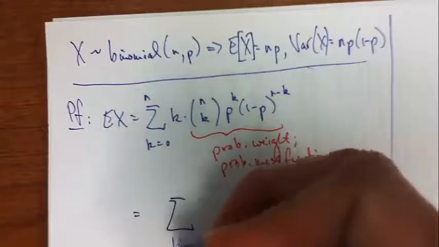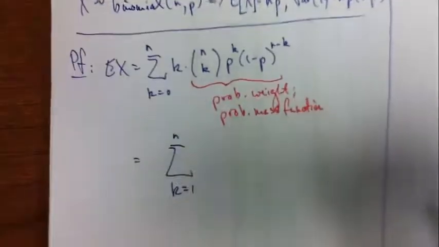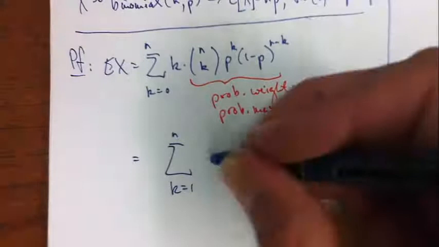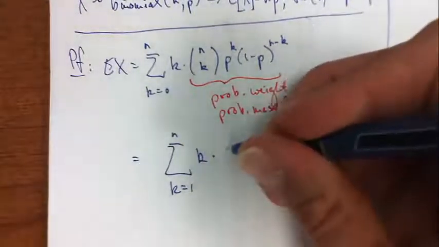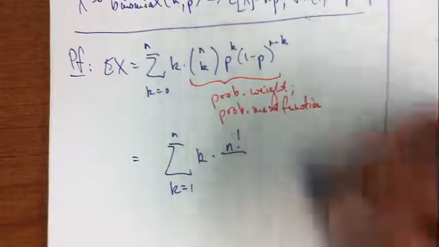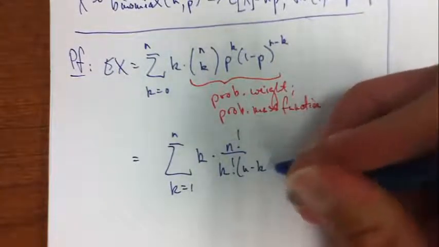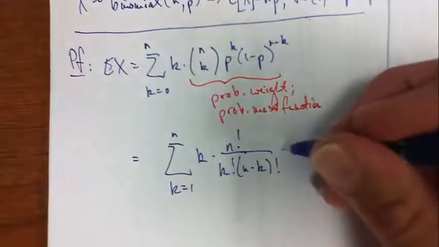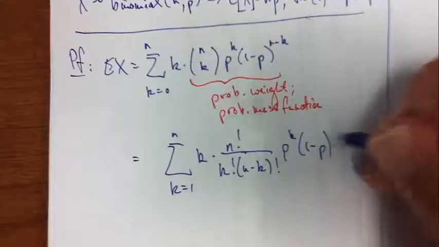I could start with 1 and go to n. And I'll say times k, and then maybe I'll remember what the definition of n choose k is, and I got a p to the k times 1 minus p to the n minus k.